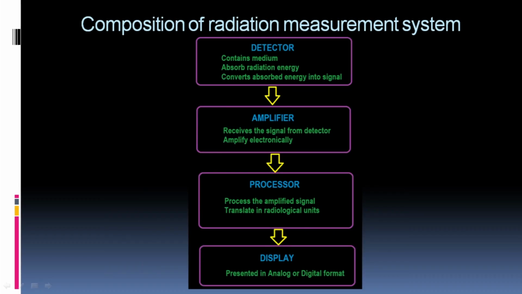Now, what is the composition of a radiation measurement system? In radiation measurement systems, there are 4 main components for all types of detecting systems. The first part is a detector.